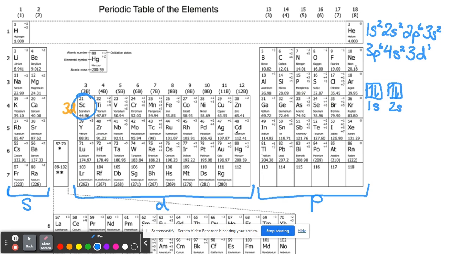Then I follow my periodic table across, and the next block, it's still in the second period, so 2, and it's P. But you'll notice there are 1, 2, 3, 4, 5, 6 elements, and 2 electrons fit in each block. So I should have 3 little boxes here.